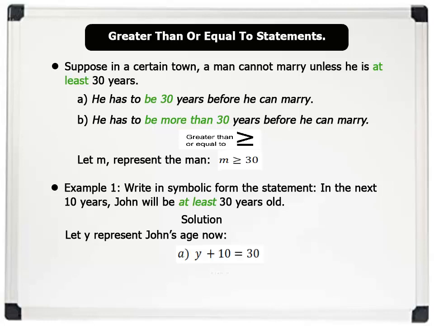B. Y plus 10 is greater than 30. This will then give us Y plus 10 is greater than or equal to 30. That's very good. Now, let us discuss less than or equal to statements.